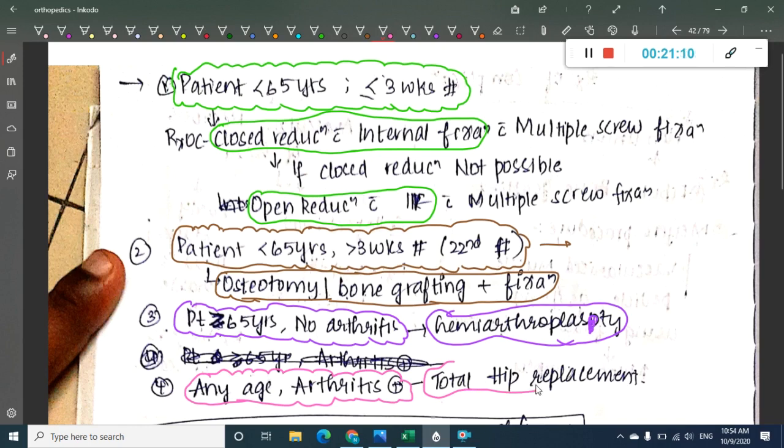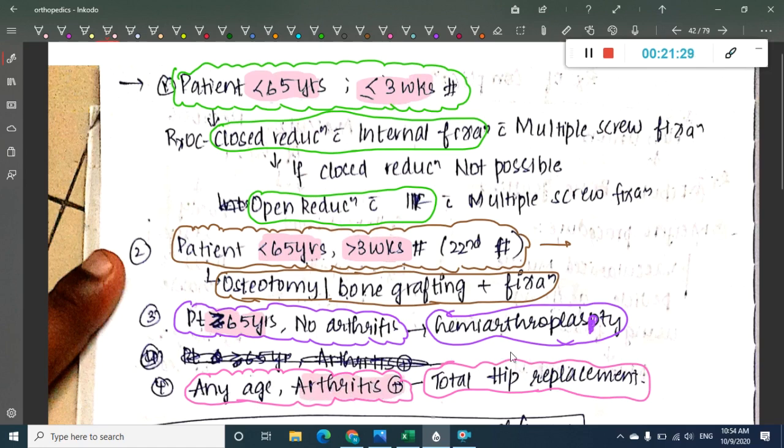The only treatment available is total hip replacement. So we have these scenarios: age less than 65 with less than 3 weeks, age less than 65 with more than 3 weeks, more than 65 years, and any age with arthritis.